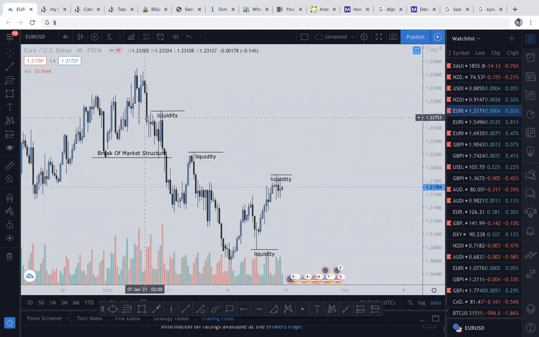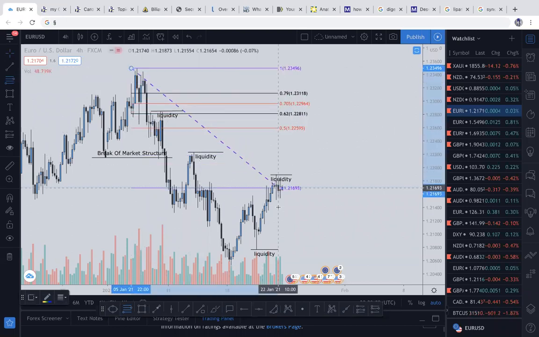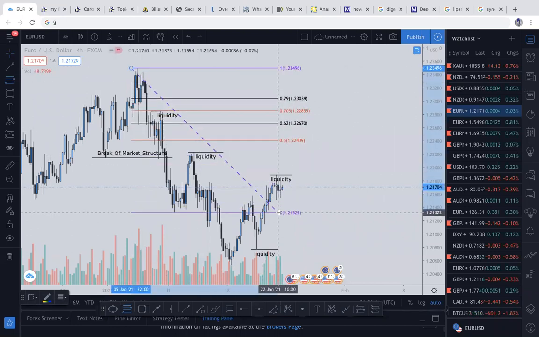And when we broke the structure to the downside, look at that. If I pull my fib from here to there, I do not have the 50%. It means that there is something up here that price could be coming to. There is an institutional candlestick sitting here at the 50% area, and there is an institutional candlestick sitting here at the 79% area.